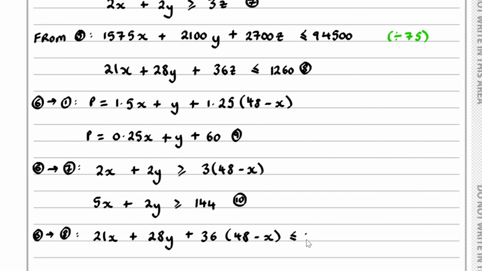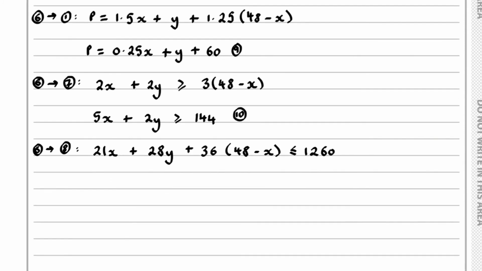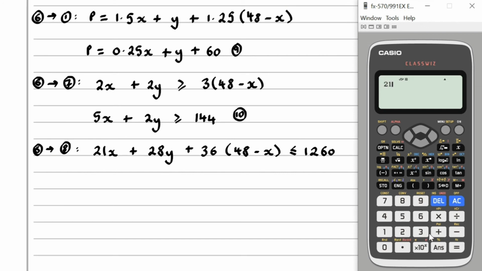This is going to be less than or equal to 1260. So 21 minus 36, I have minus 15 x's, and then I have 28 y's. And if I do 36 times 48, and then if I do 1260 take away this, I get minus 468.